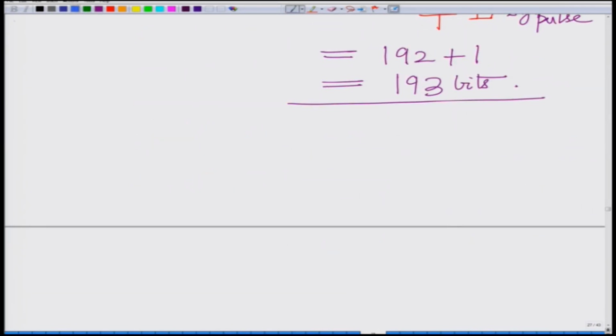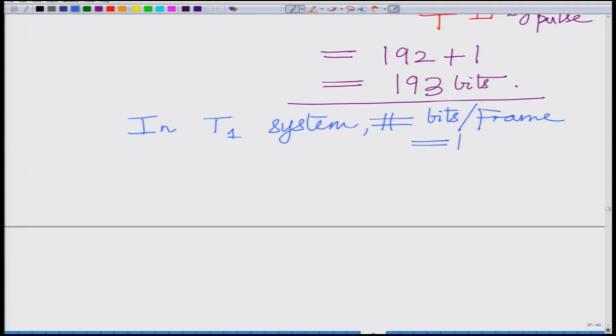So, in this TDM T1 system, in the case study that we are doing, the number of bits per frame is equal to 193. The frame duration is 125 microseconds.